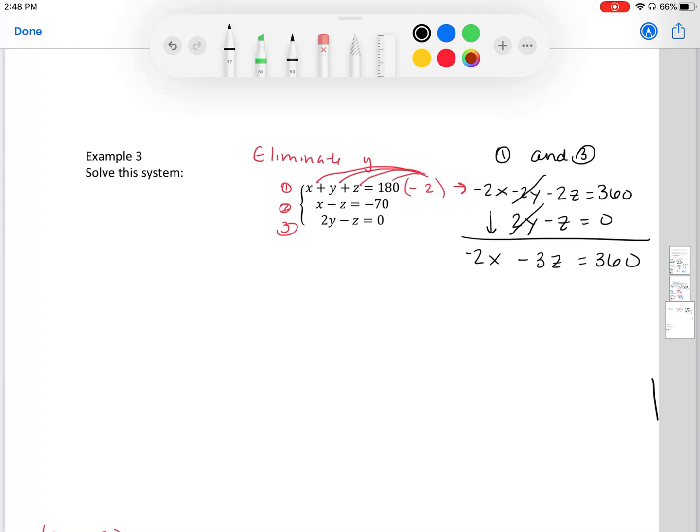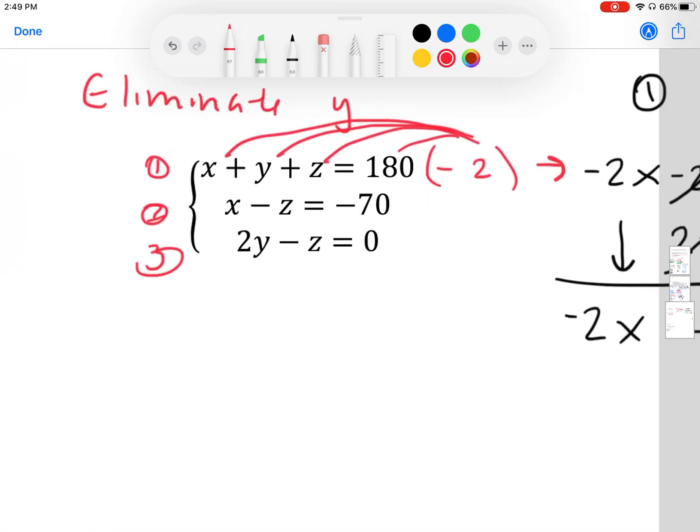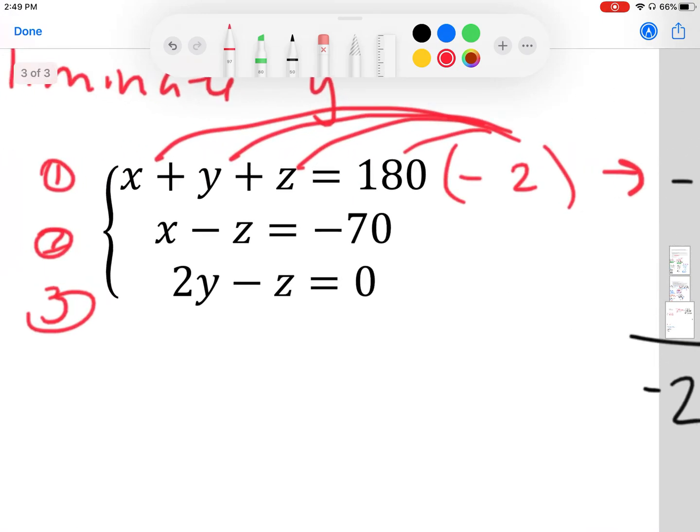Okay, so now we have our two equations. We have equation 2, which is x minus z is equal to negative 70. And our new equation, negative 2x minus 3z is equal to 360. So even though in our original problem you saw not every letter was there, that's okay. If it's not there, just write 0 in your variable.